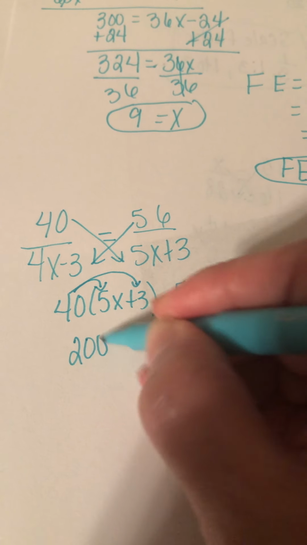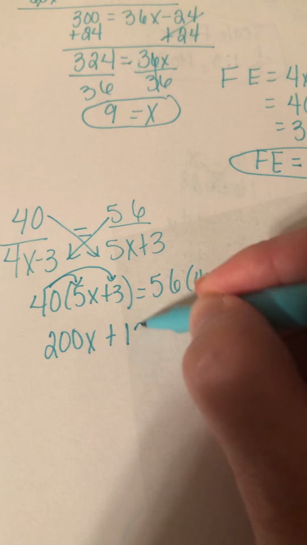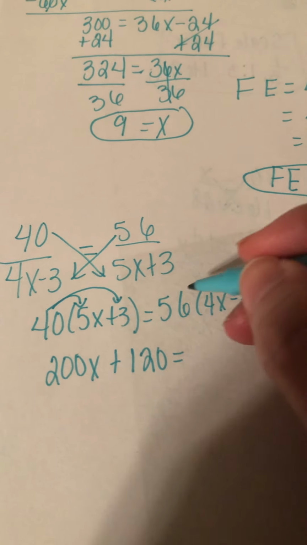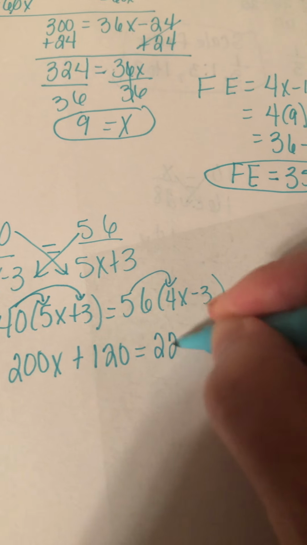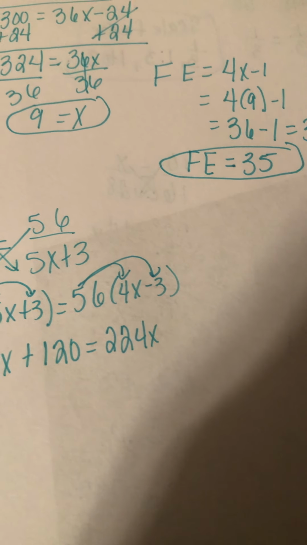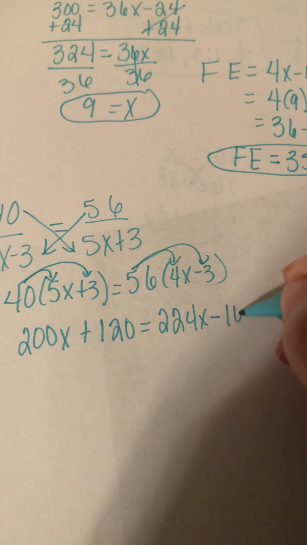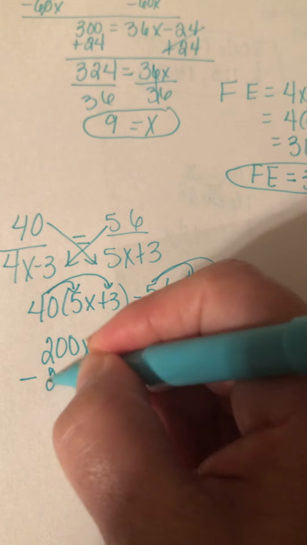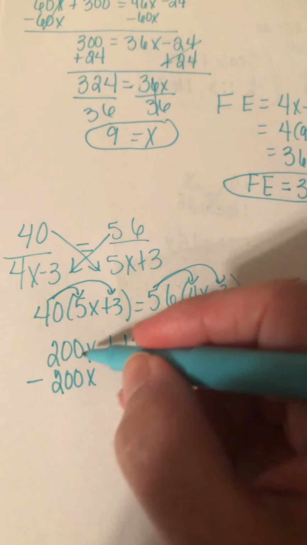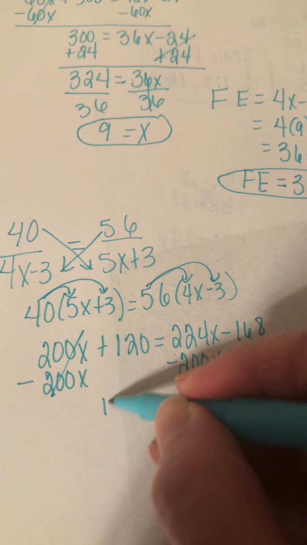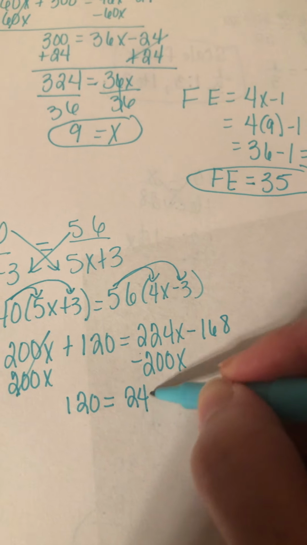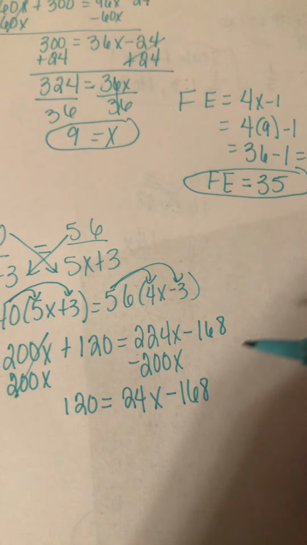That's going to give us 200x plus 120 is equal to 224x minus 168. So let's go ahead and move this small one first. Minus 200x, minus 200x. Okay, these two give me 0, so I'm going to bring down my 120. Okay, right here, 224 minus 200 is 24x, and bring down the minus 168 with it.